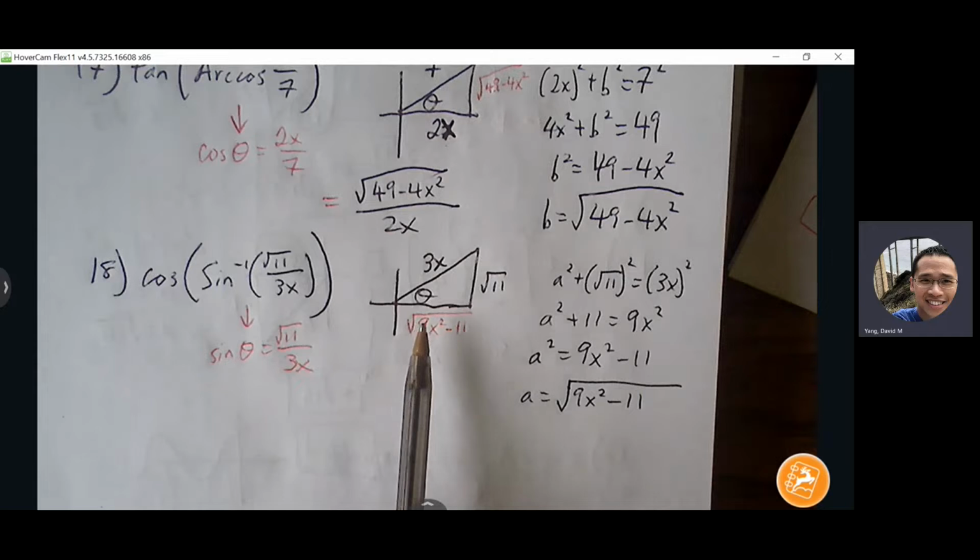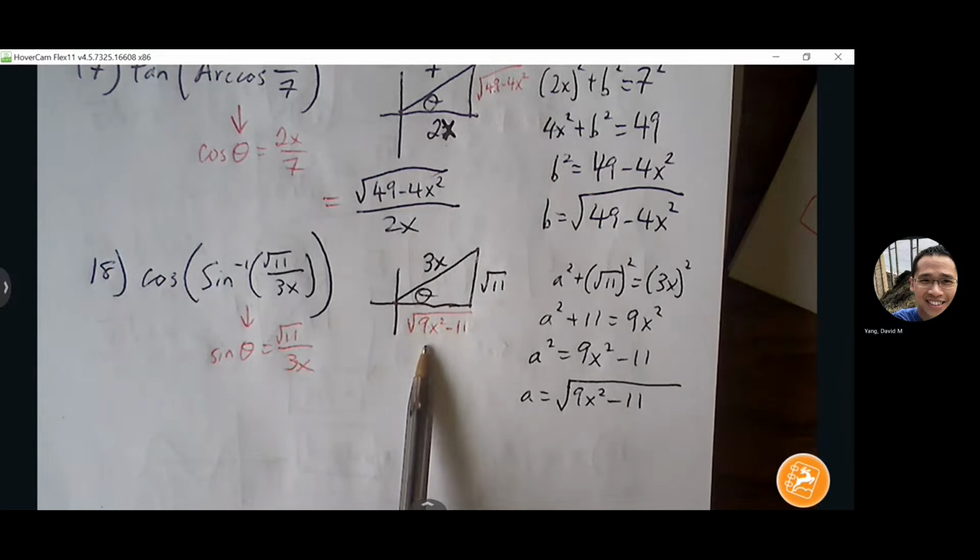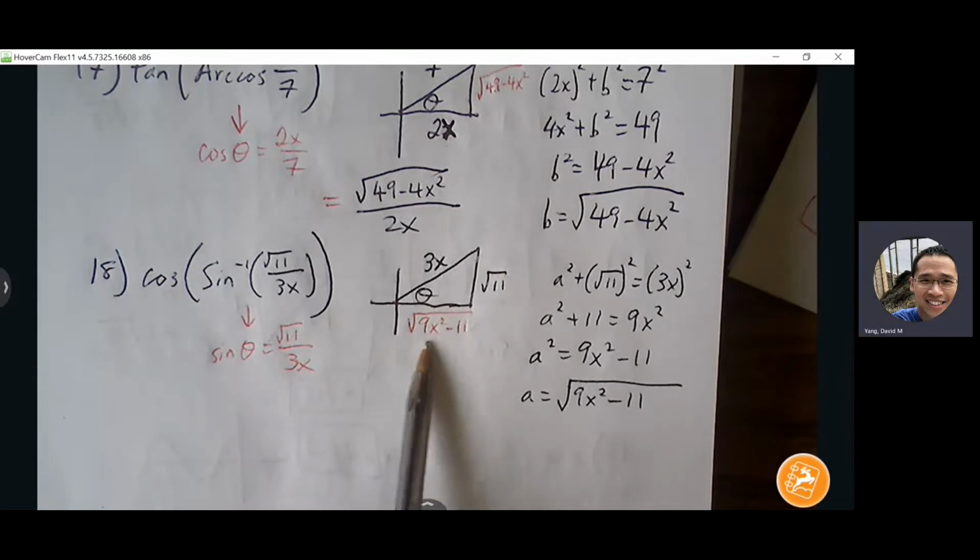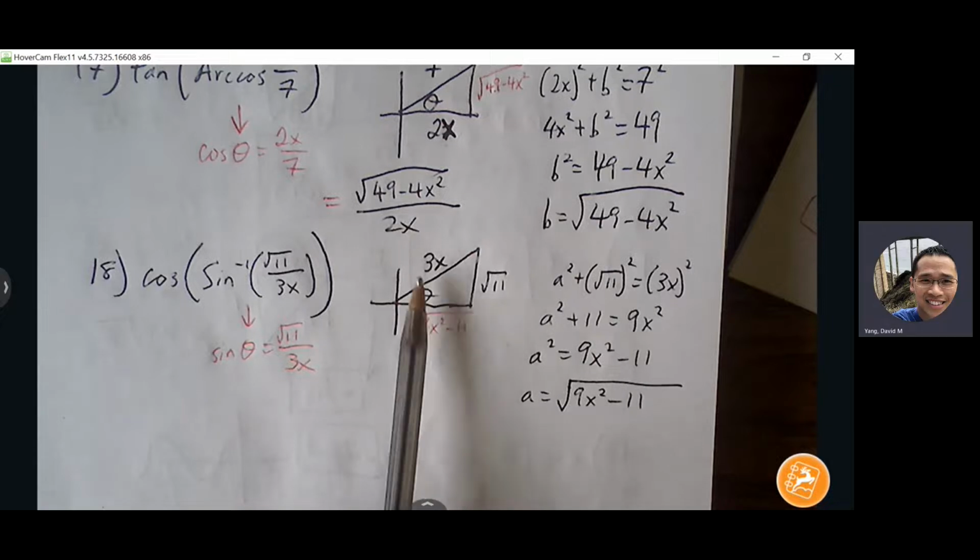All right, what's cosine of theta going to be? Adjacent over hypotenuse.